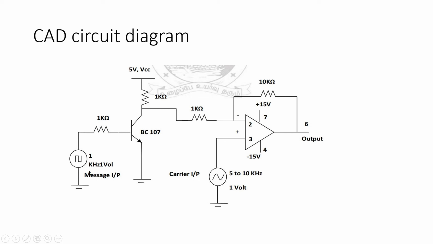This is the message signal of 1 kilohertz and 1 Vpp. This is a BC107 transistor. We are giving a 5 volt VCC to the 1K resistor, and from pin 6 of the comparator we get the output.